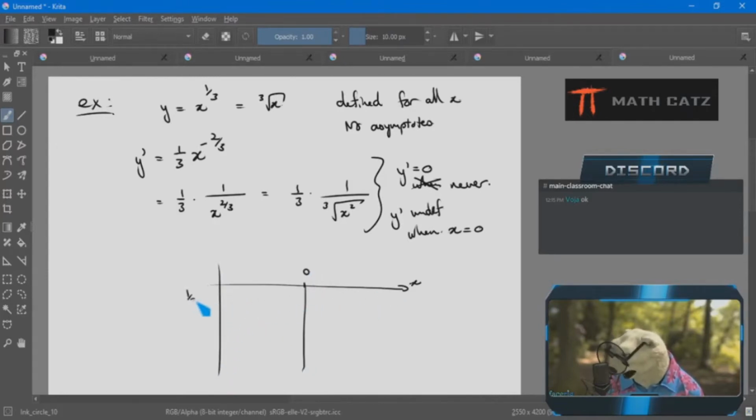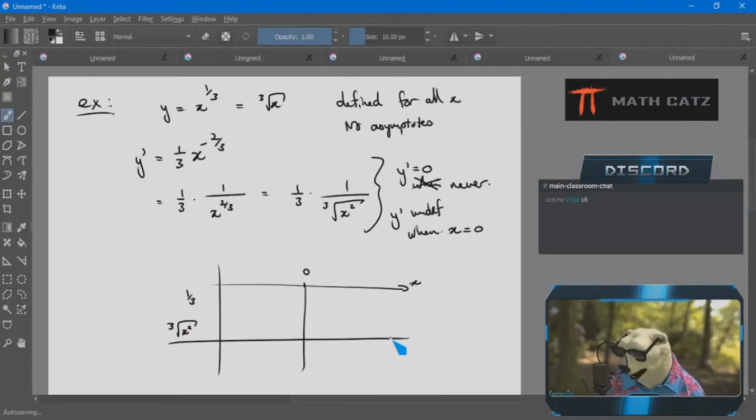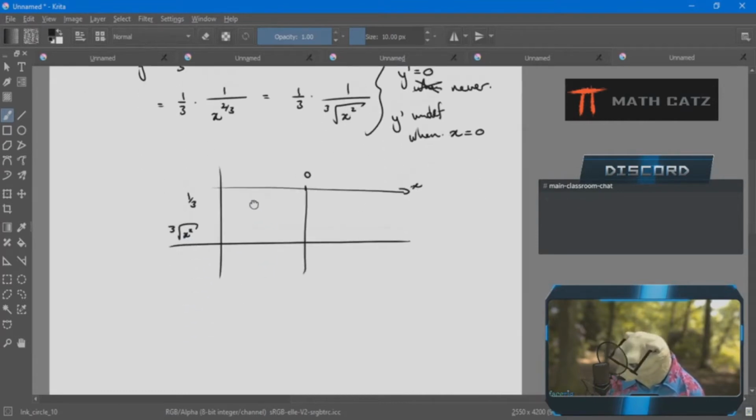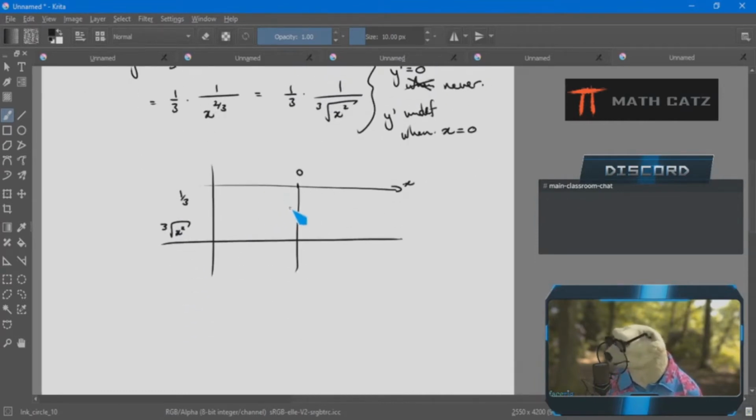Okay. I have a third floating around, and I won't write the 1, of course, that's doing nothing. My cube root of x squared. So the pieces that I have to work with in the case of fraction powers of x look a little different, often. Not always, often. A third is always going to be positive.